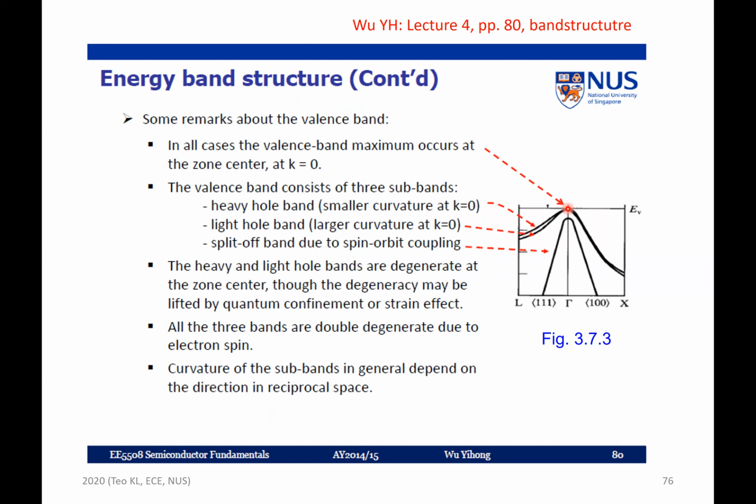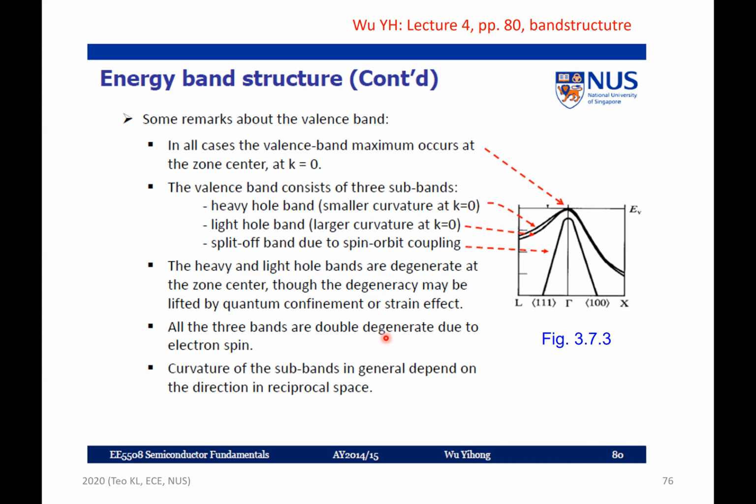It's 4-fold degenerate because, remember, of the electron spin. The electron can spin up and spin down for each band. So therefore, your heavy hole and light hole are doubly degenerate each, or sometimes we call that 4-fold degenerate overall, because the electron can spin up and spin down for each band.